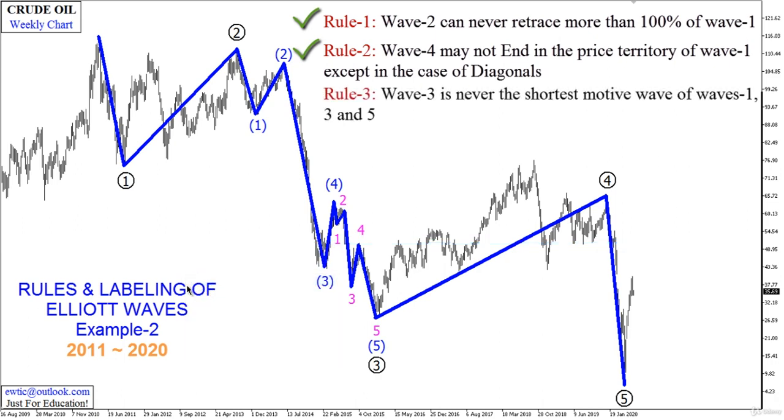The third rule of Elliott states that wave 3 can never be the shortest wave out of the 3 motive waves, waves 1, 3 and 5. So let's see if this rule applies here. So this is circled black wave 3. Let's see if this is not the shortest wave.